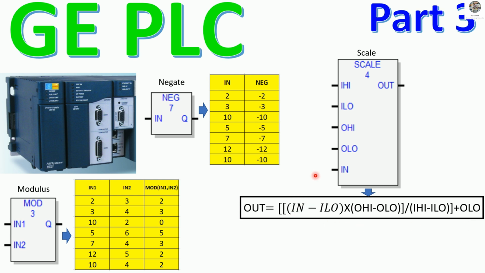IN means the input value, ILO means the input low scale, OHI means the output high scale, OLO means the low scale output, and IHI means the high scale input.